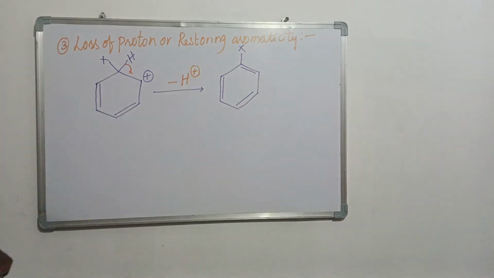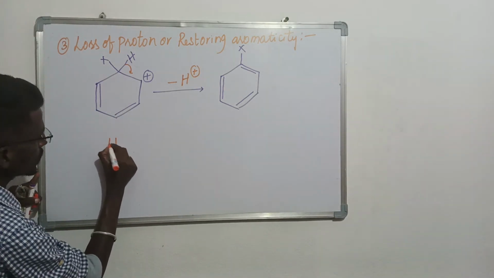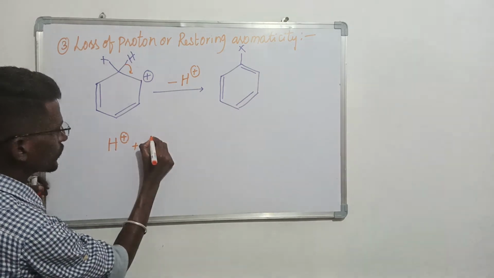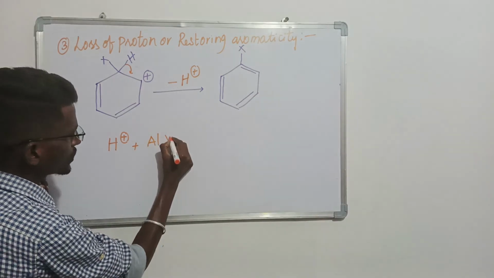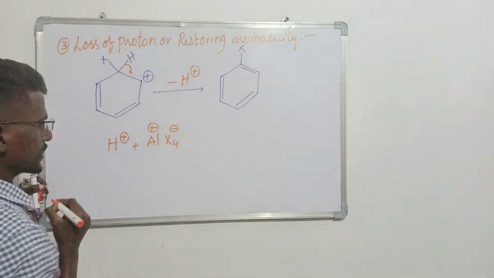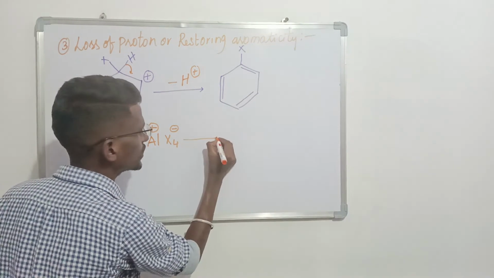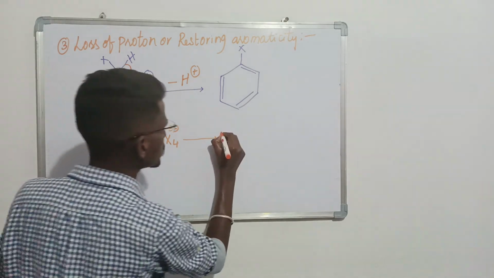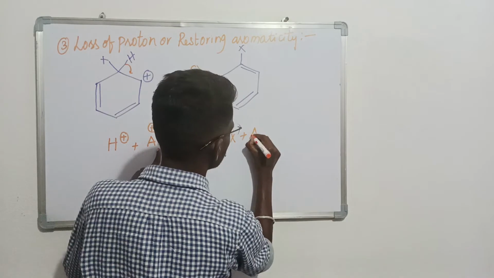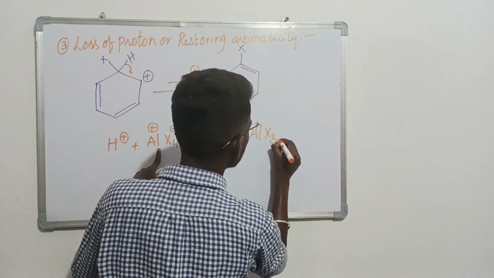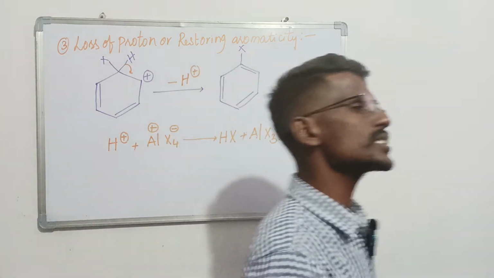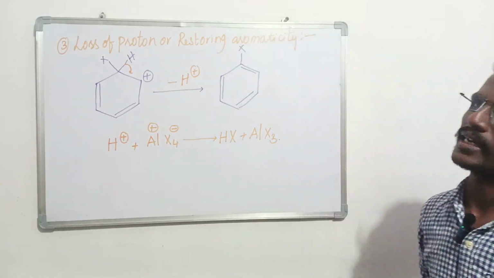This released H plus ion reacts with AlX4 minus and dissociates into HX and AlX3. Automatically the Lewis acid will be released, because this Lewis acid acts as a catalyst.